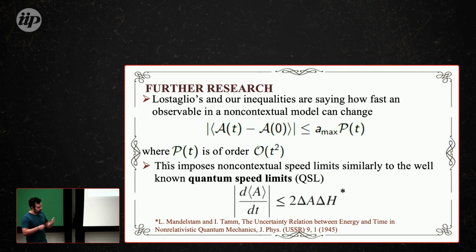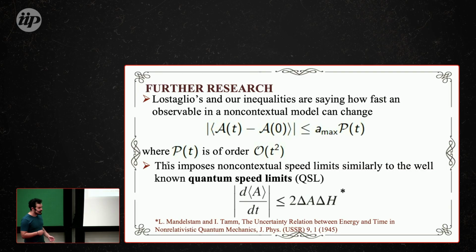So if you have a velocity in the dynamics of a quantum system, you must have some variance or uncertainty in the Hamiltonian. And this means we have a correspondence here, where non-contextual models cannot have a bound for the variation of observables either. So we want to see if we can reach these speed limits only when we violate the non-contextual bound.